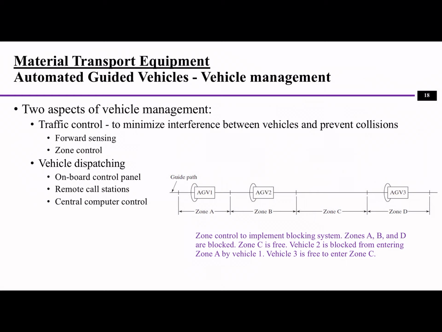And for managing the AGVs, one thing is we need to manage the traffic. So one way is we can use forward sensing. So what is forward sensing? Forward sensing means it can sense obstacles or objects that are in front of it, how far away they are, what the distance is, and also the moving speed of the object.